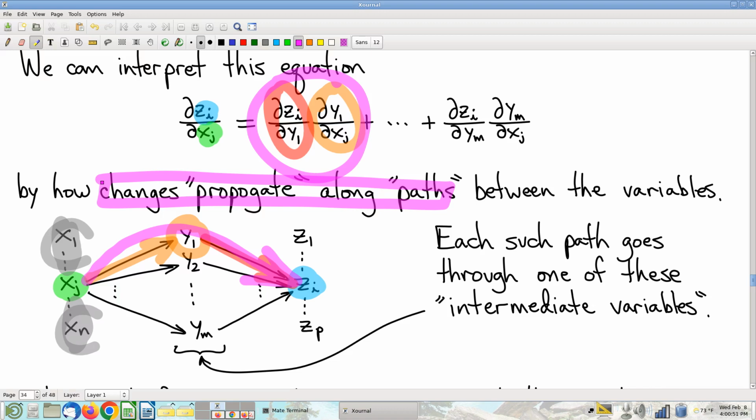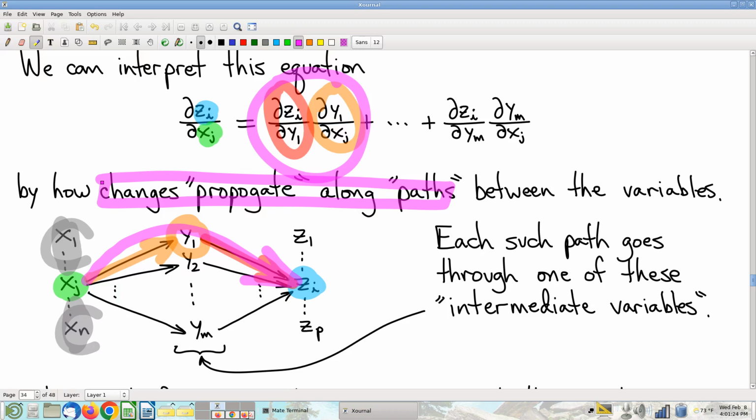I'm not entirely sure what you're asking, but when I say change, what I mean is that if there is an initial value, then all the subsequent variables have their values, but if you change the input a little bit, then everything else downstream changes also. And I'm just trying to compare how much xj changes with how much y1 changes, and then compare how much y1 changes with how much zi changes. So can we say the change in zi is based on the change in y1? Yes. Okay. Does that make sense?